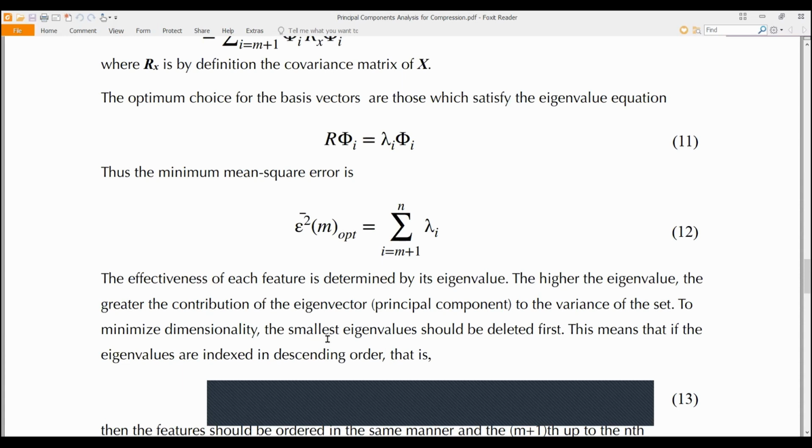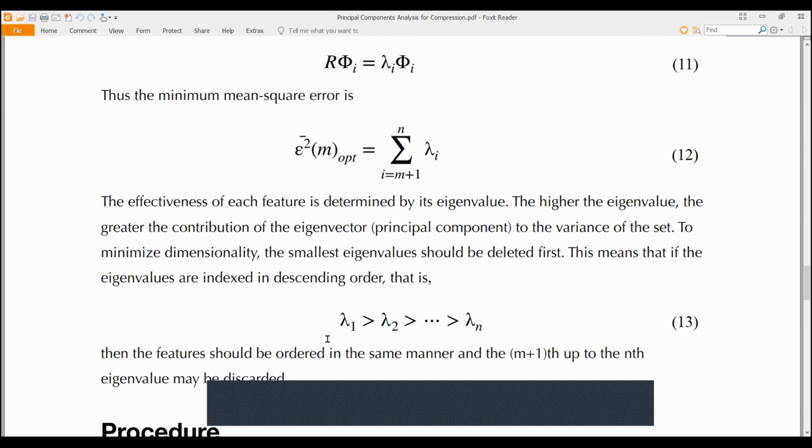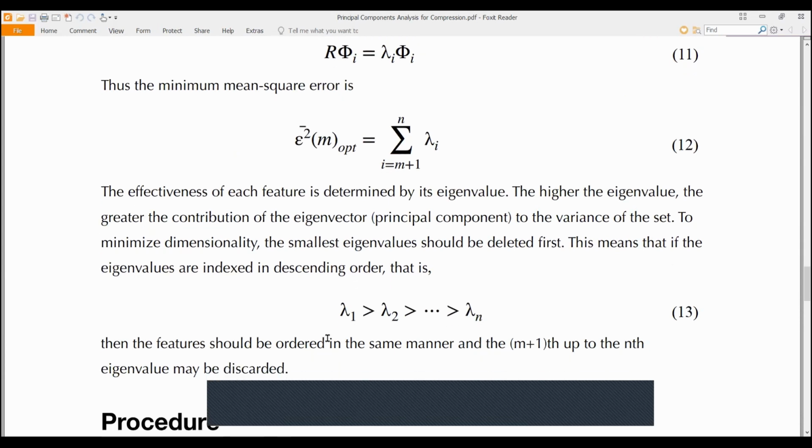This means that if the eigenvalues are indexed in descending order, so when we arrange the eigenvalues in descending order, the largest is the first, and their corresponding eigenvectors are also sorted according to the value of their eigenvalue, then we say that the first m eigenvectors are the ones that contribute the most to the representation of the data.